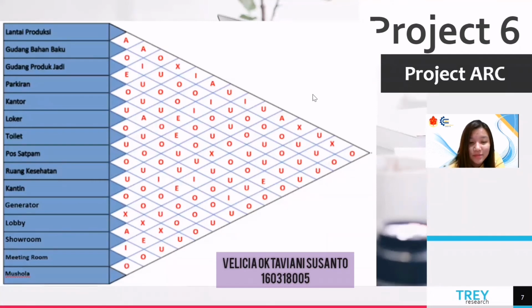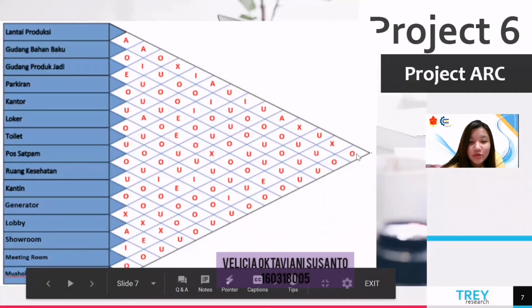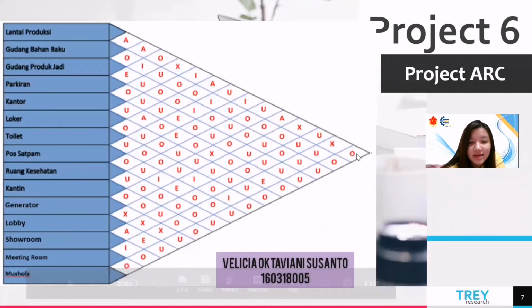There are 6 symbols in the form of letters which have different meanings, namely A, must be close; A, very important; E, important; O, just normal; X, not wanted; U, it doesn't matter.